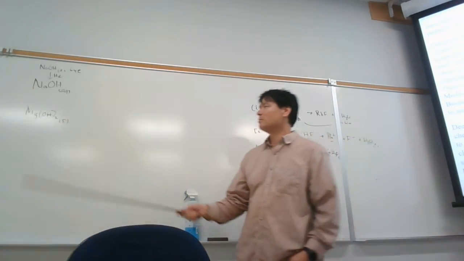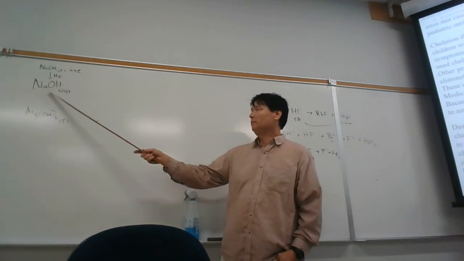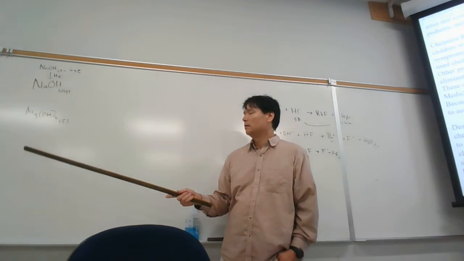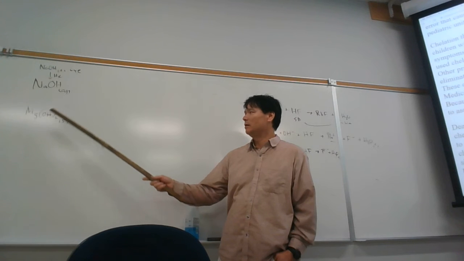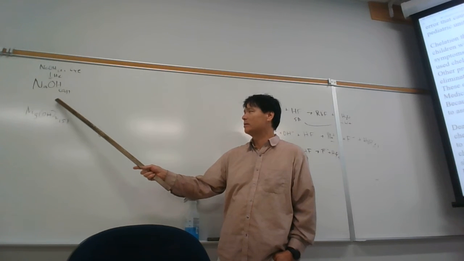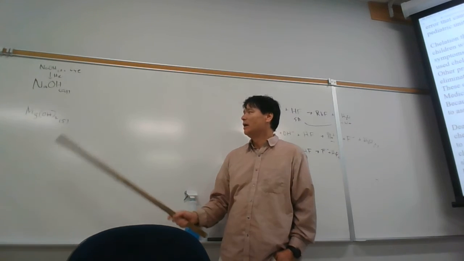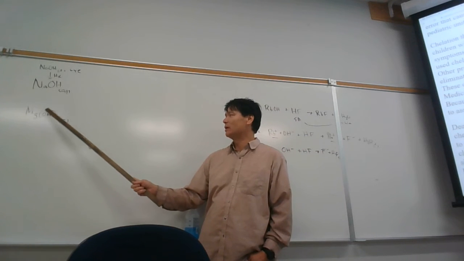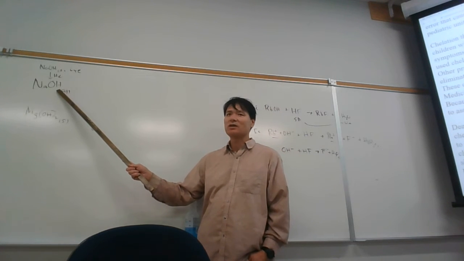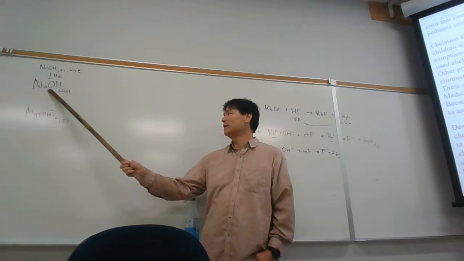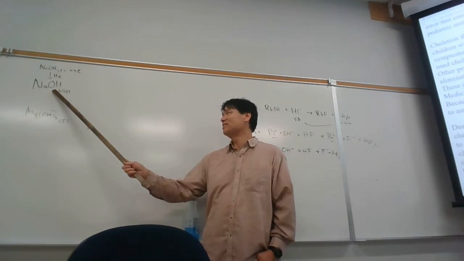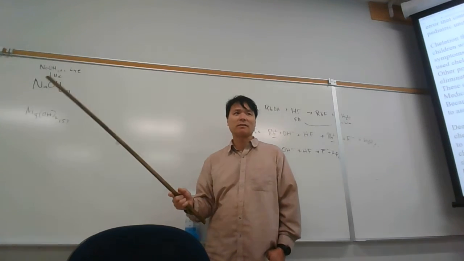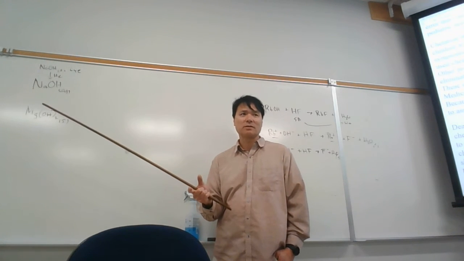Well, the same can be said about bases. The stronger the base, the more basic the solution, the more hydroxide we have. So the difference between these two is this one, we have lots of hydroxide. If you were to drink this instead of this, you're going to all of a sudden have lots of hydroxide that can react with other things in your body.